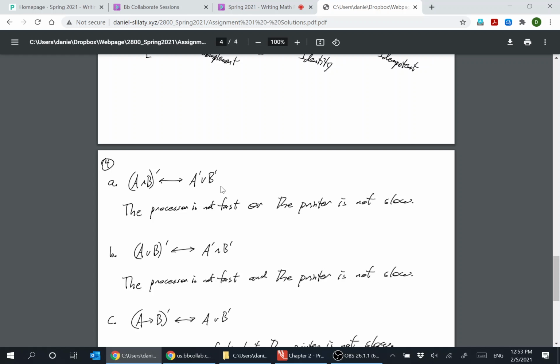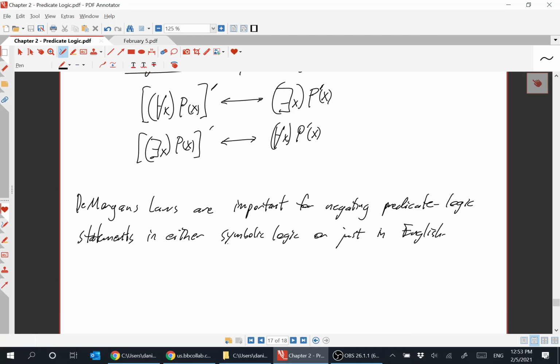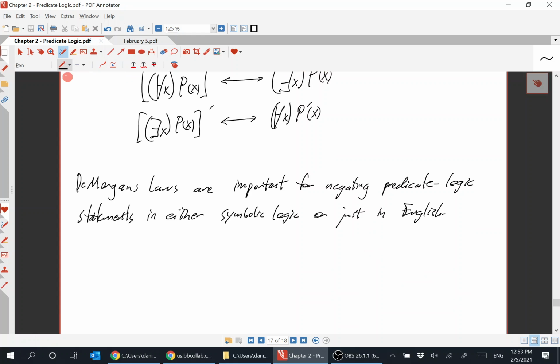So here we kind of want to skip that middle step unless you absolutely have to use it.